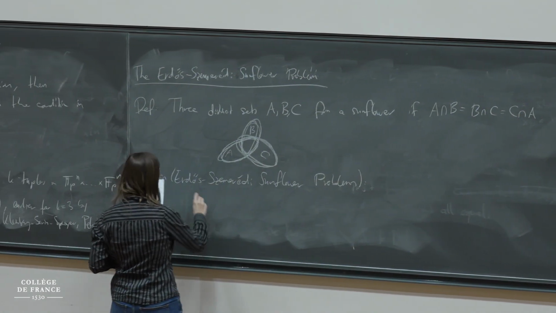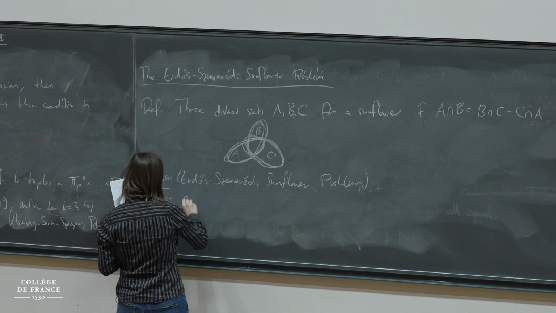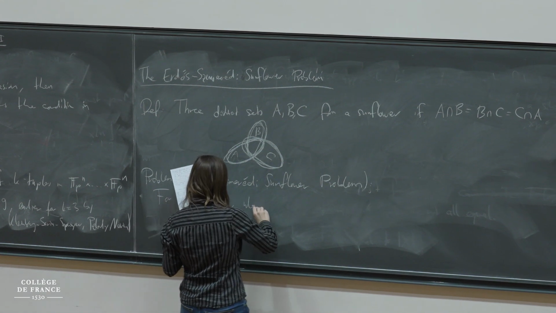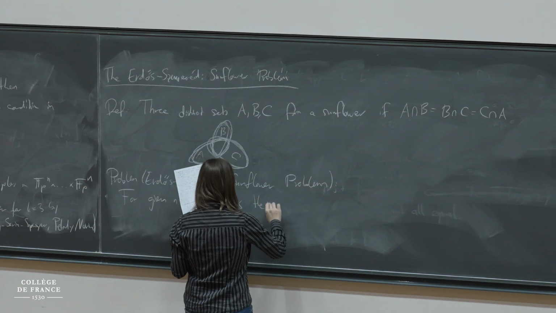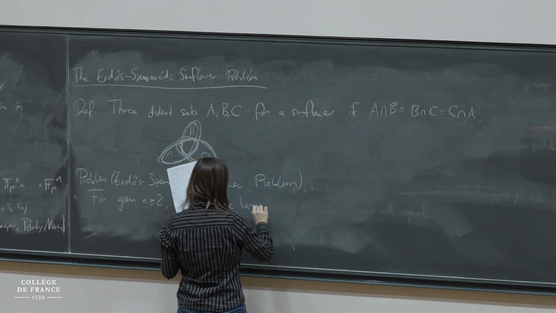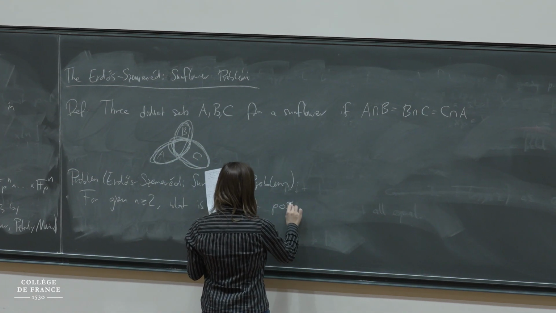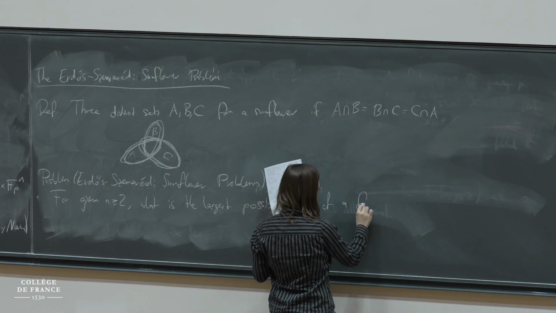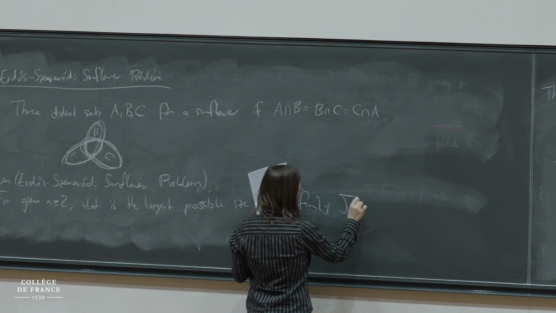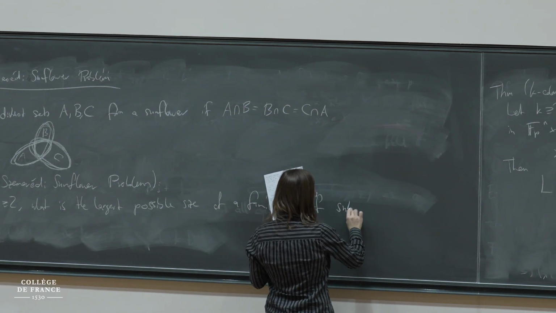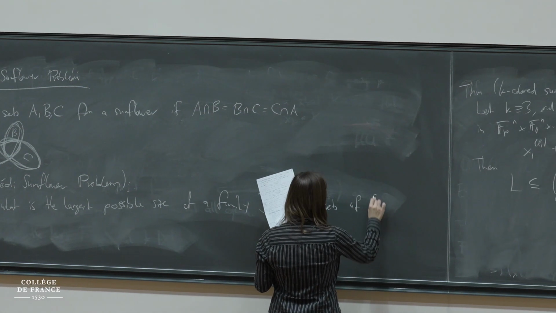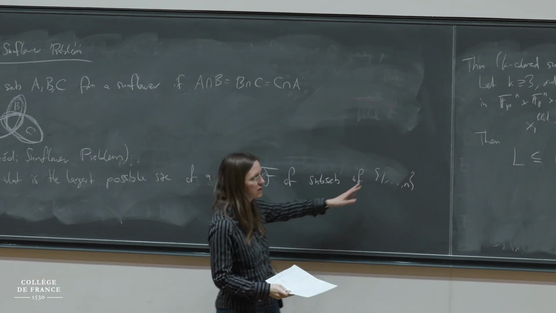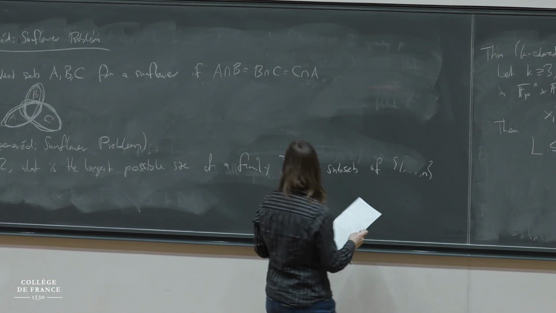For given n at least 2, so that's the ground set size, what is the largest possible size of a family F of subsets of, let's say, the numbers from 1 to n. It doesn't really matter what you take as your ground set. For simplicity, let's just take the numbers from 1 to n as your ground set.